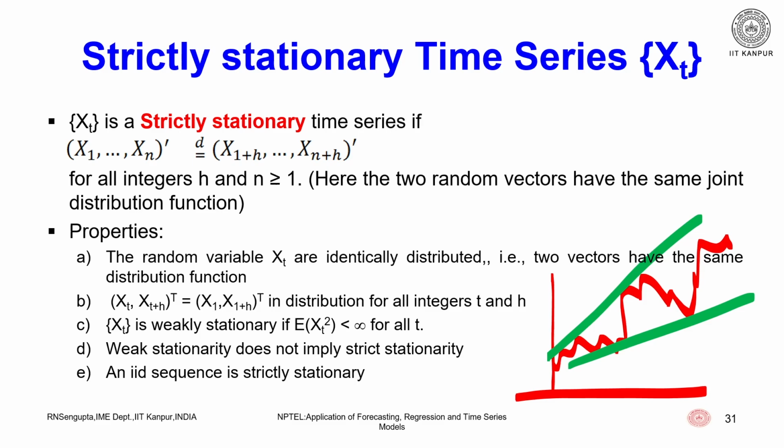So, that would not be true for weak stationarity, because the second moment, or expected value of x square, would be bounded and less than infinity.